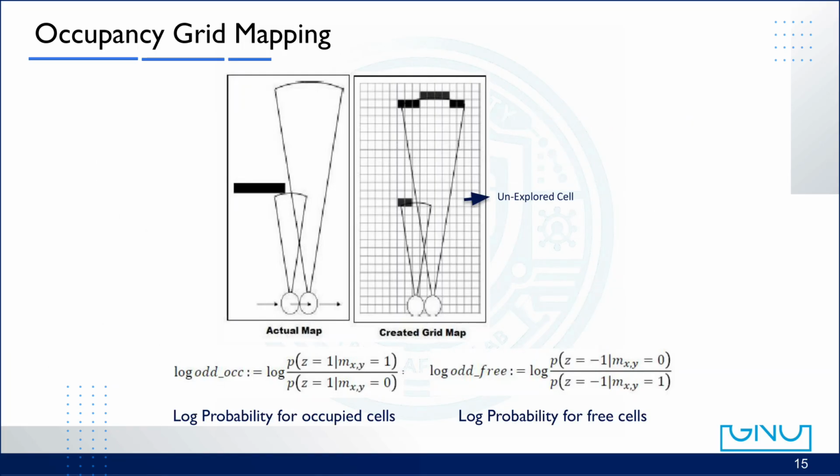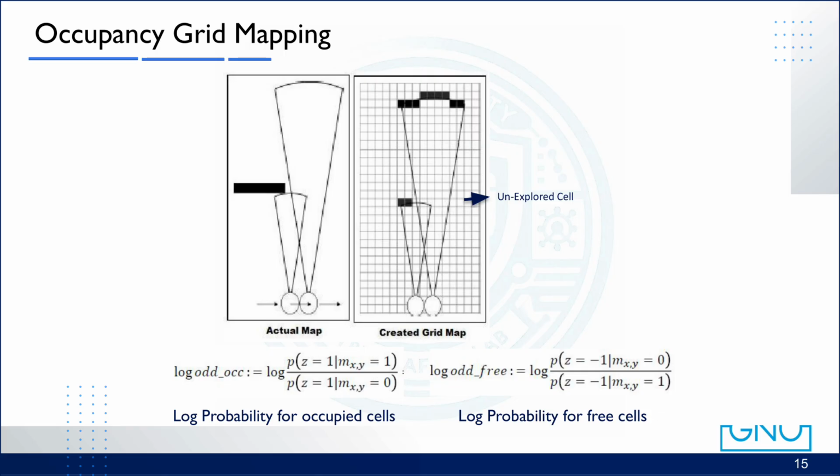On this slide, you can see 2 log odds equations. One represents the log odds value for an occupied cell, and the other represents the log odds value for a free cell. These expressions compare the probability of receiving a particular LiDAR measurement under 2 different assumptions, whether the cell is occupied or whether it is free.